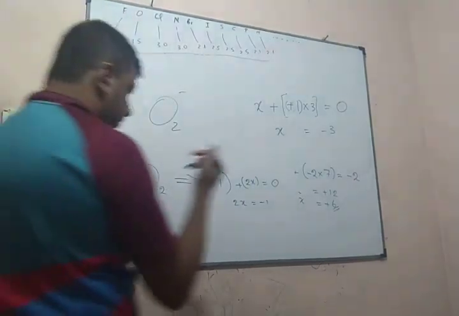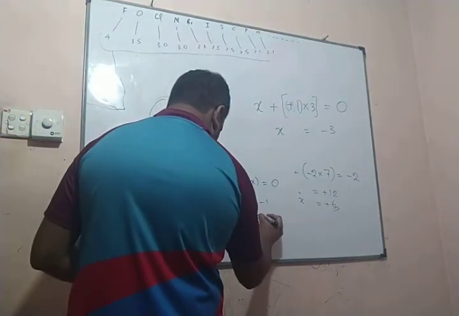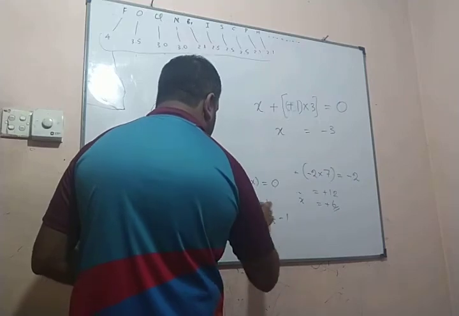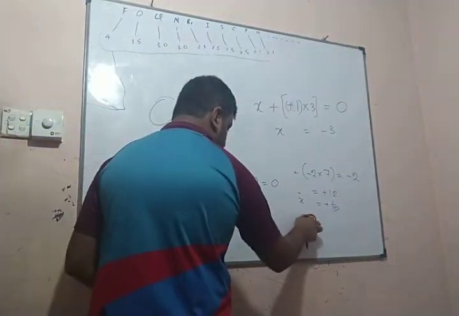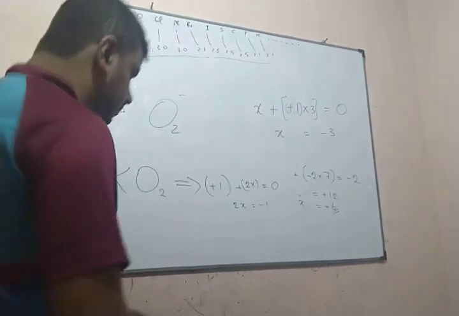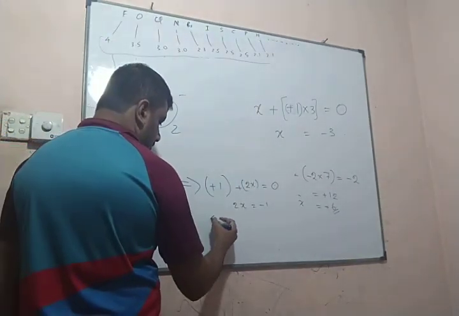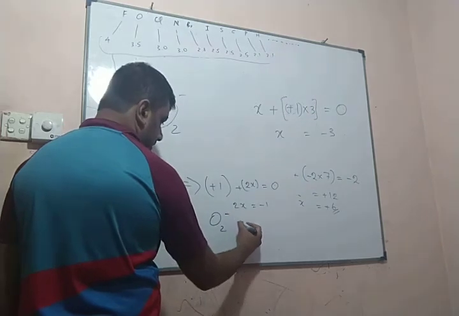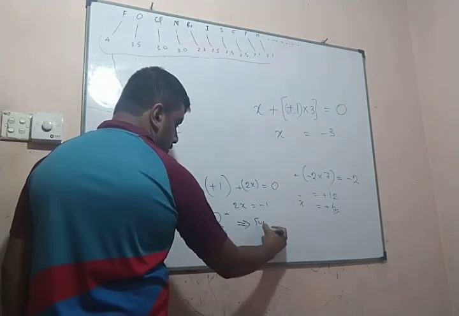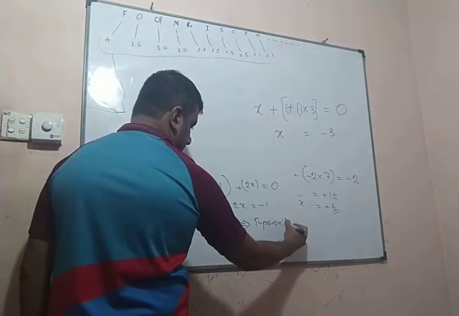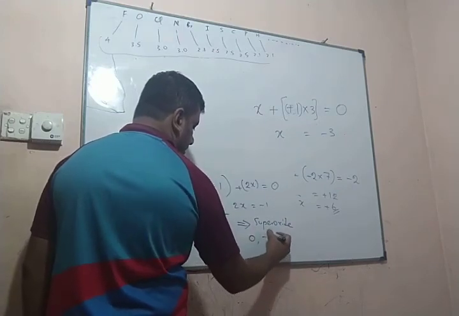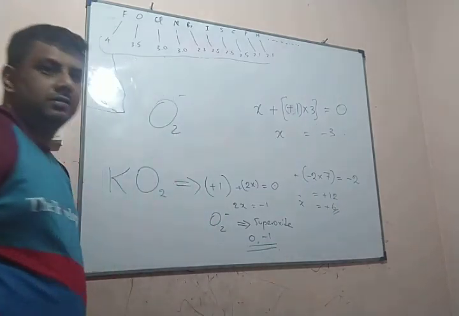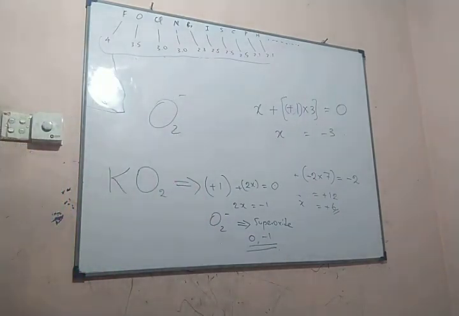So x is equal to 0 and minus 1. This is the way you should do it. O2 minus 1 means it's superoxide. So oxidation state is what? 0 and minus 1. Right? Okay. That's it.